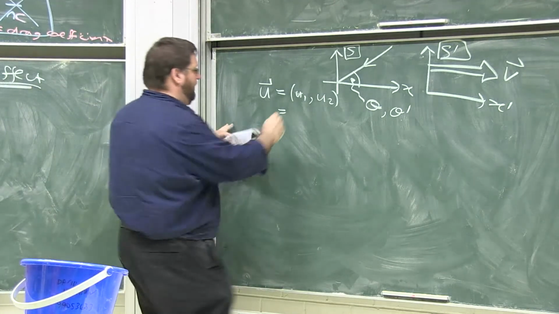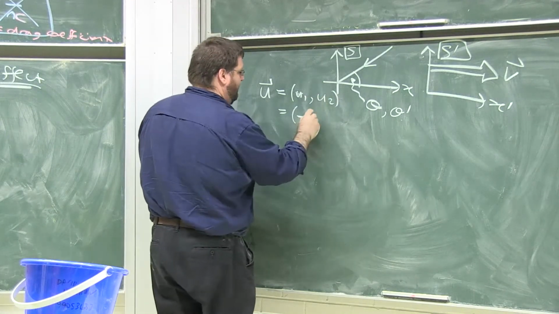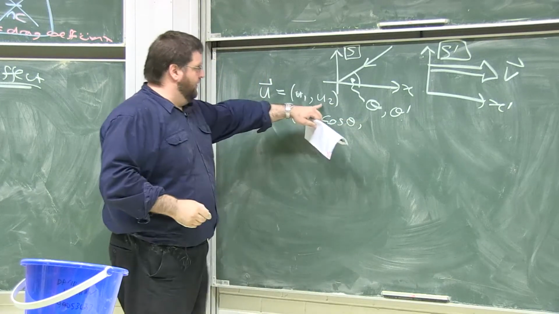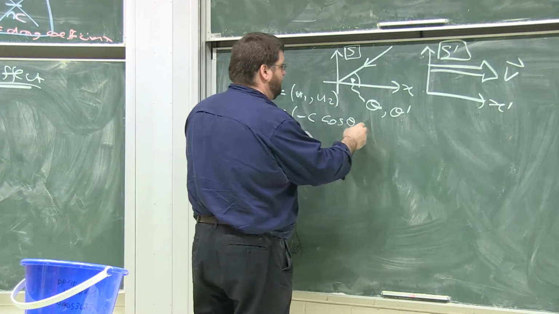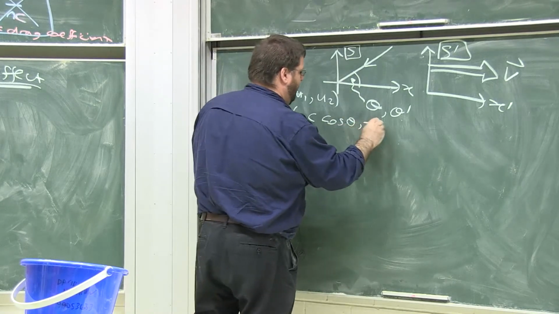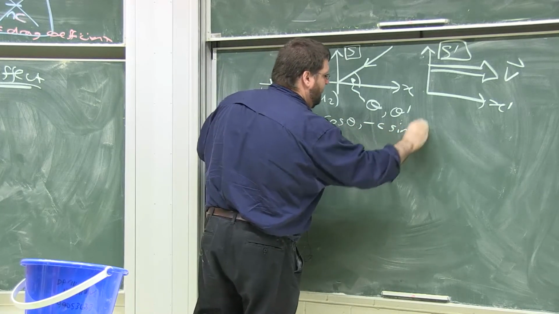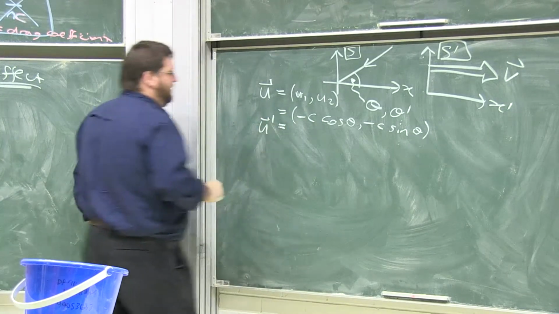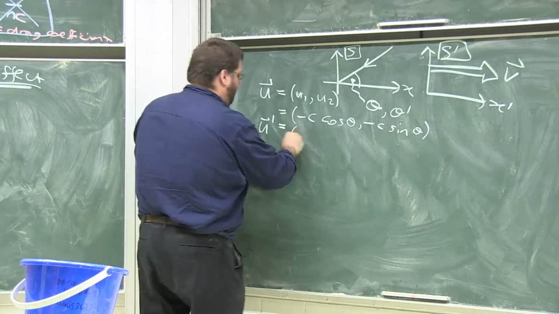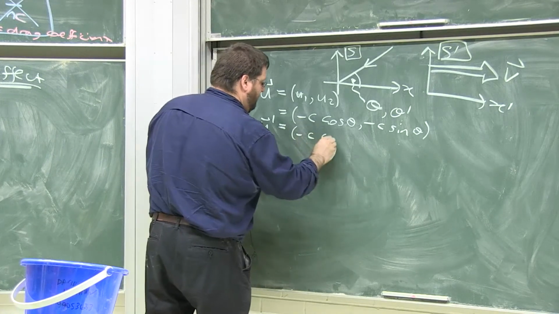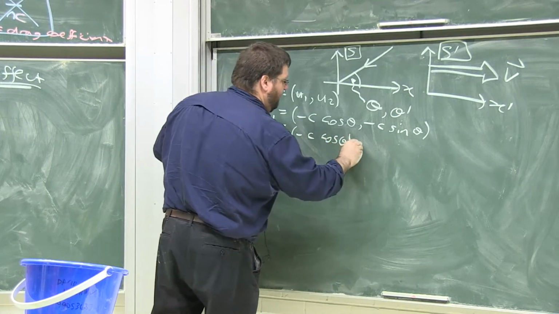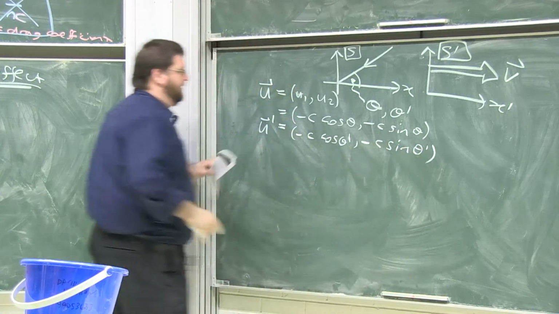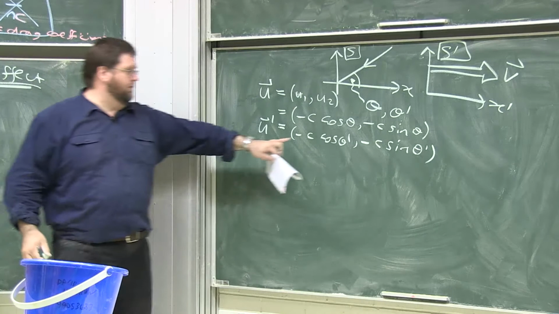The x component will be minus, because it's travelling in the negative x direction, c cos theta. u2, it's also travelling in the minus y direction, will be minus c sine theta. And I would write down a similar relationship for u prime. c is the same, but the thetas in general will be different. So all I've done is to stick primes on the theta but leave the c's alone.